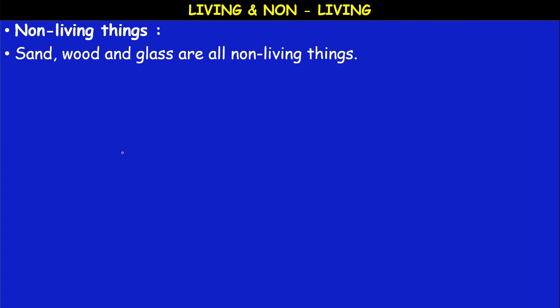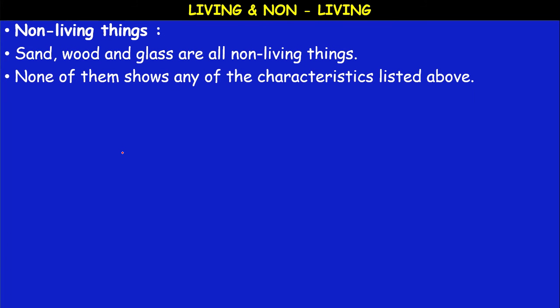Non-living things. Sand, wood and glass. These are all non-living things. Do you agree? Yeah. So we discussed in the last class also some table, ball as a non-living thing. Today some more things. None of them, sand, wood and glass, shows any of the characteristics listed above, the 7 characteristics which we have listed in the previous class.